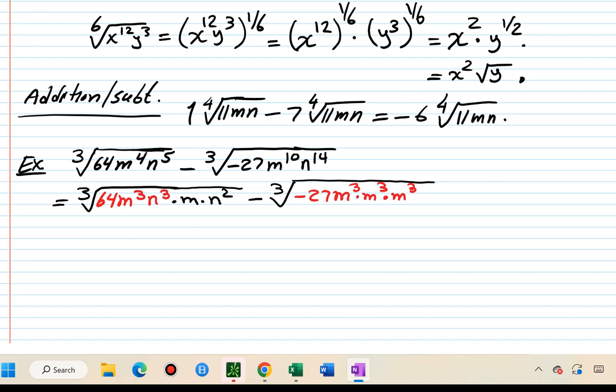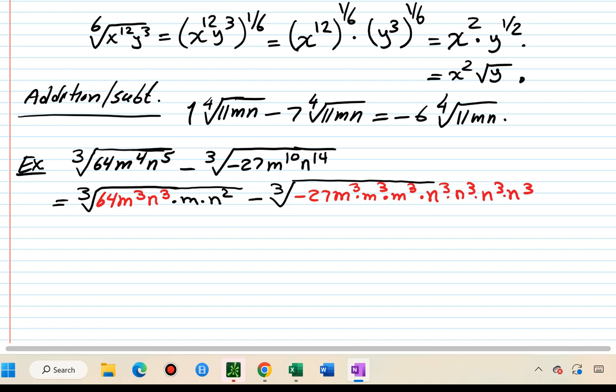I have 10 factors of m to work with, so those are 3, 3, 3, that's 9. I still have 1 m outstanding. And on n, I'm going to go n cubed, n cubed, n cubed, n cubed. That will pick up 4 times 3, 12 factors of n, correct? And so I'm still going to have 1 m and 2 n's outstanding.